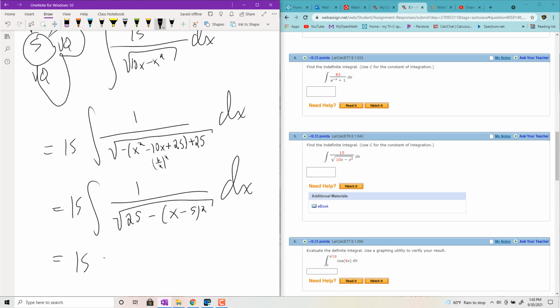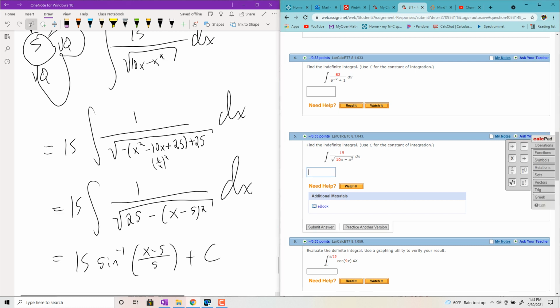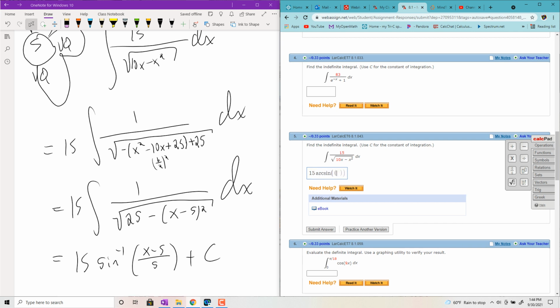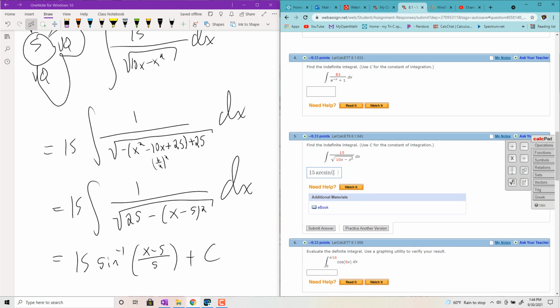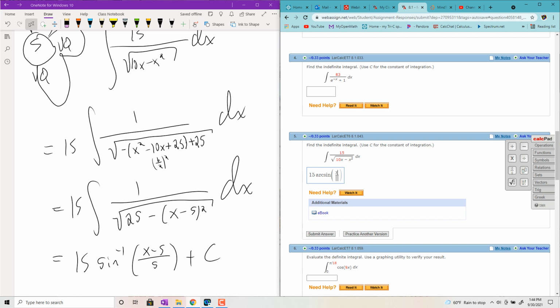So it'll be 15 sine inverse of u, which is x minus 5, all over a, which is 5, and then plus C. Okay. Should I plug that in? 15 arcsine of the fraction x minus 5 all over 5 plus C, and it's wrong.